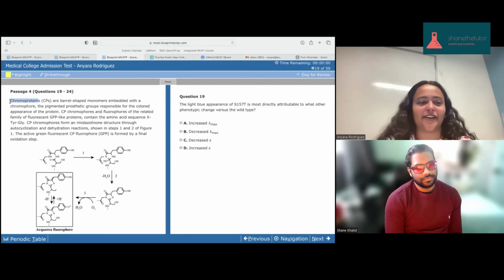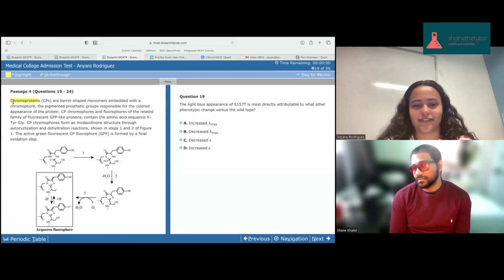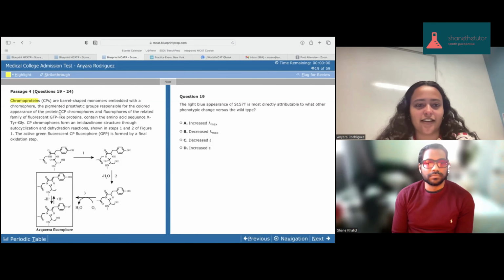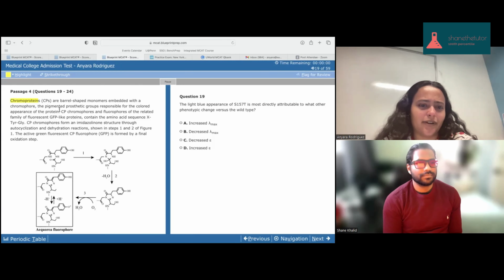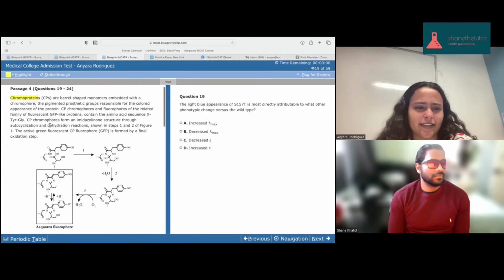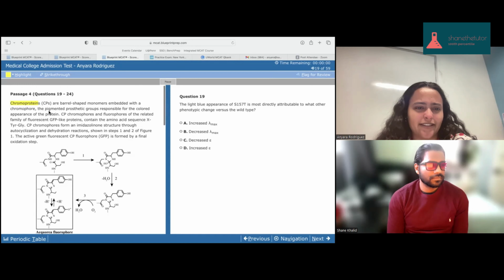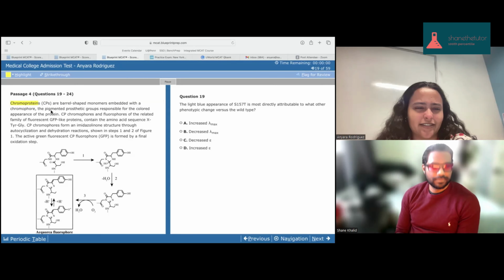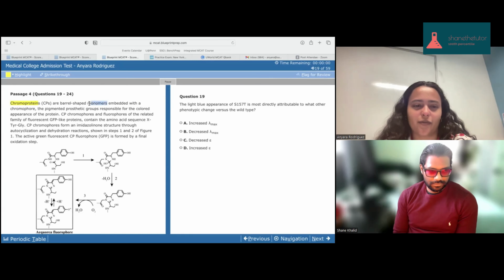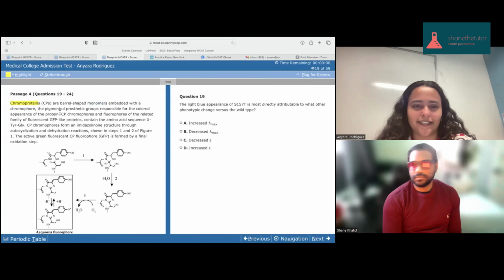I guess we've talked about this chromo, so usually resonance, rings, benzene, things like this. Conjugation, yeah. Monomers, so there's only one protein coming together.